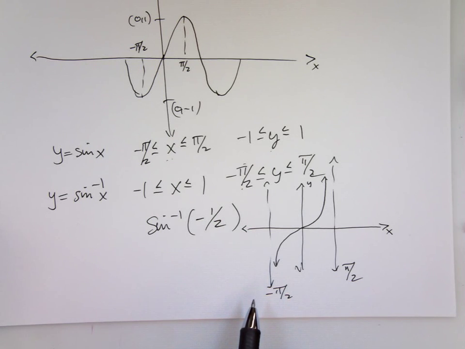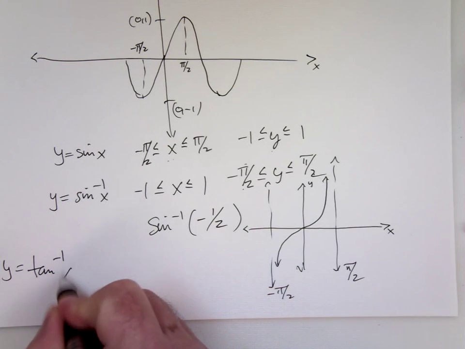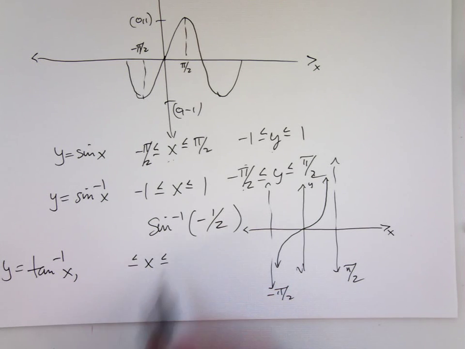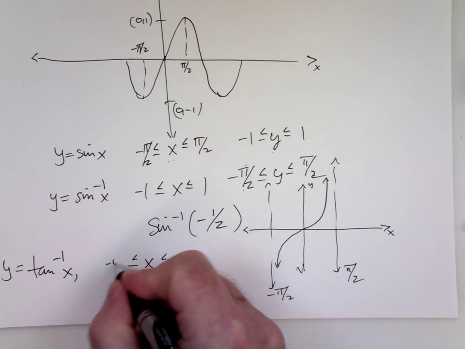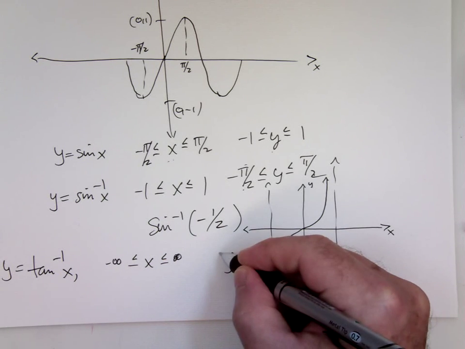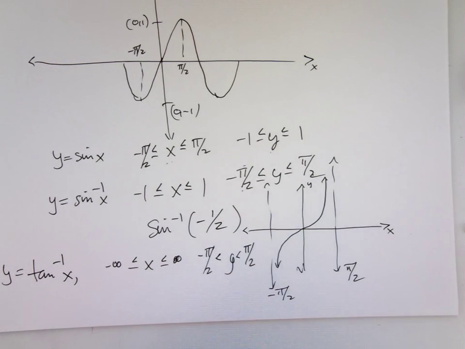So for your inverse tangent function, your x values are the y values here, which go from negative infinity to infinity. Your y values, the result of taking the inverse tangent, are angles from negative pi over 2 to pi over 2. So, when you give this to your calculator, inverse tangent of negative 4/3, what does your calculator do?